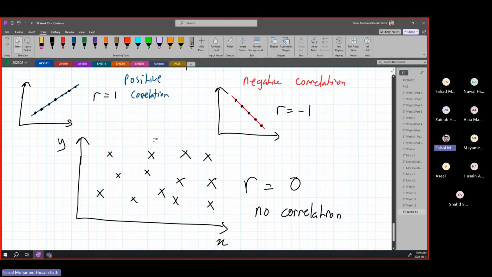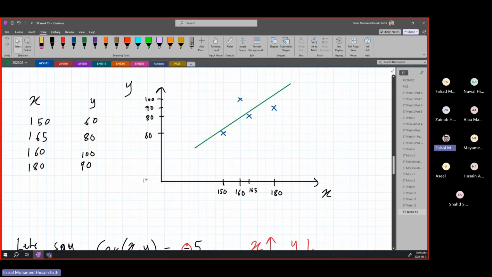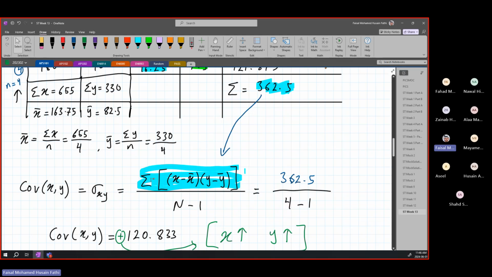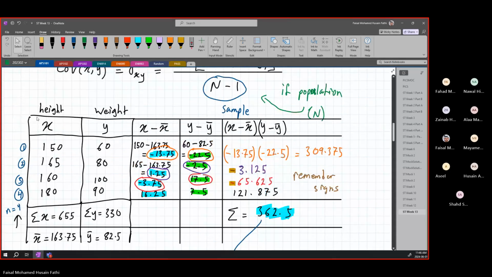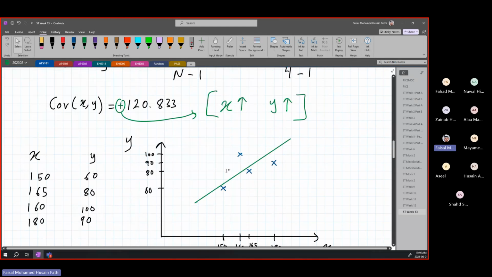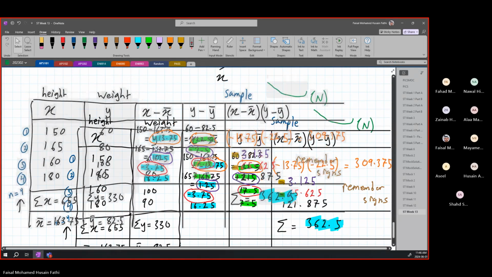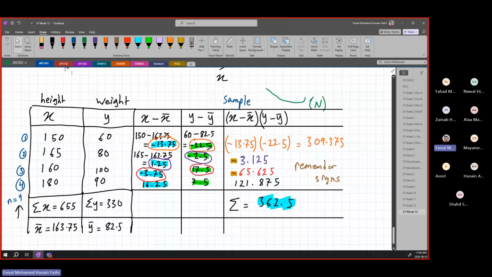However, how can we calculate this from a data set? Let's say we have a set of points. Let's look at the example we did earlier, where we have already calculated the covariance.